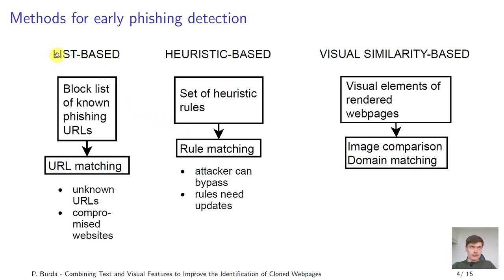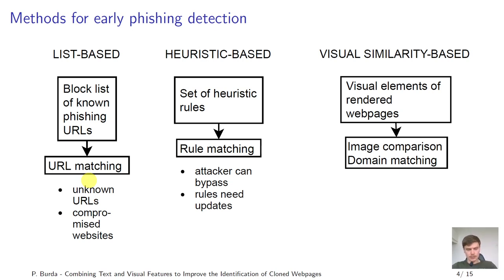For example, these are the methods for the early phishing detection divided in three classes: list-based, heuristic-based, and visual similarity-based. The first one is about having a block list or an allow list of URLs and matching those URLs in order to block a page. But the limitation of this is that the URLs have to be known in advance.